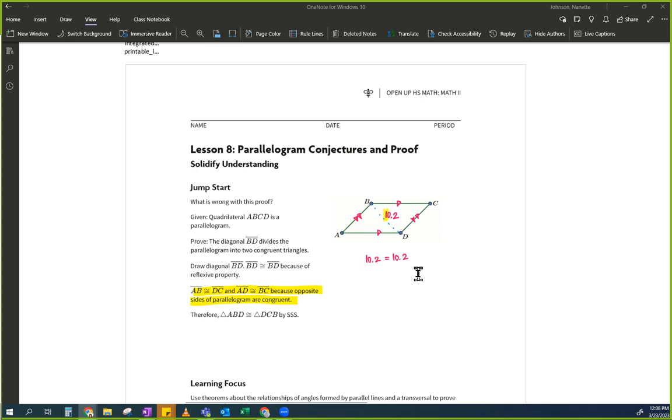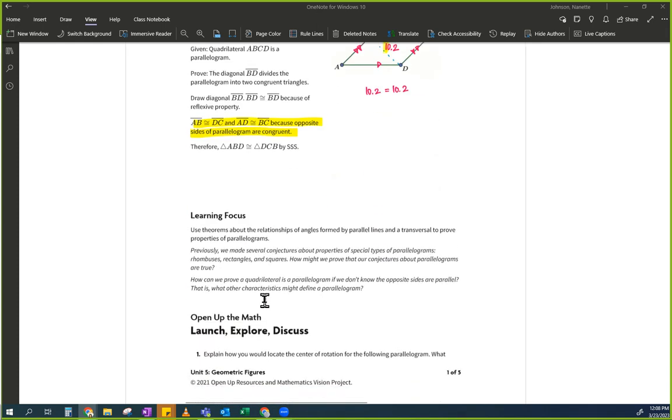Is 10.2 equal to 10.2? Everyone's like, yes. Yes, it's true. If 10.2 is congruent to itself, then that means that the length of BD is congruent to itself. Okay. So we're going to be talking about how we know that this is true today.